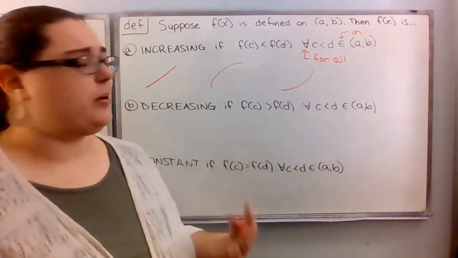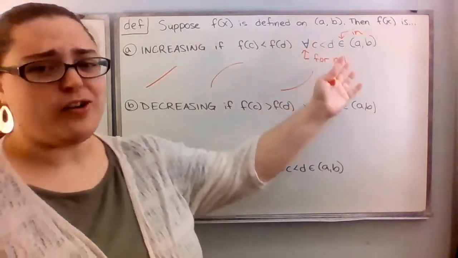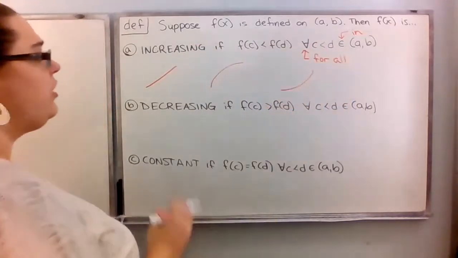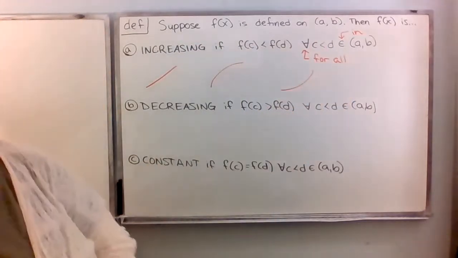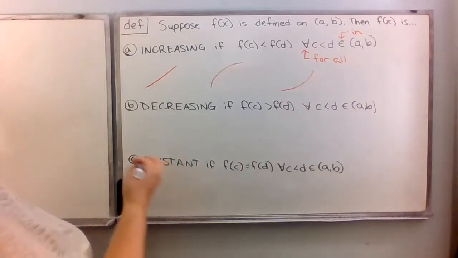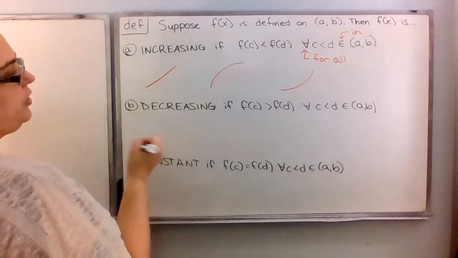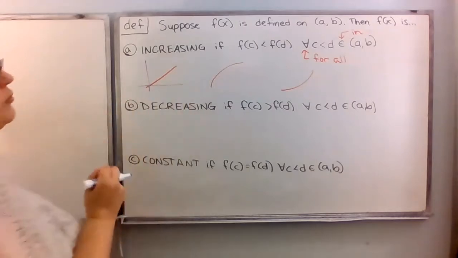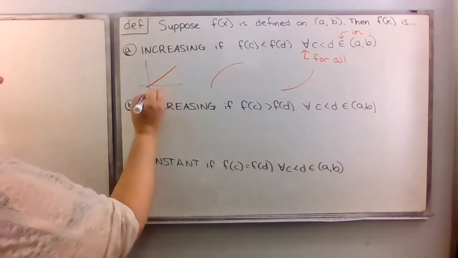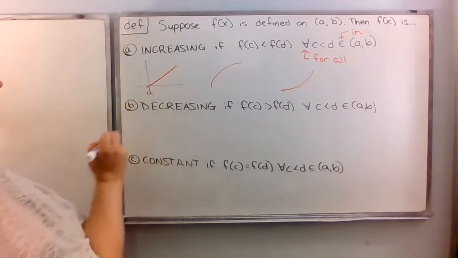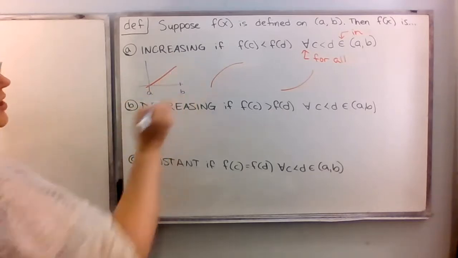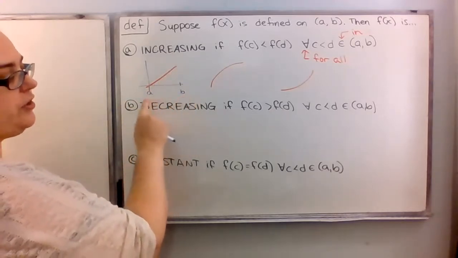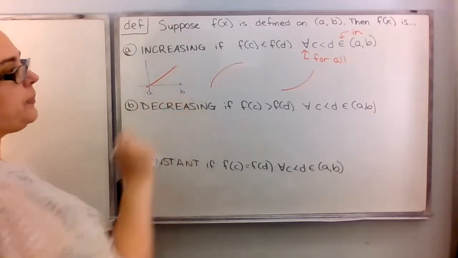If I want to say, okay, but how does that relate to this formal definition here? Well, let's think about this on a coordinate plane. We'll take this one as our example here. So let's say that this is my x and my y axis. We're going to look at this function. And let's say here's a, and it ends at b. So we're looking on this interval from x being a to b.